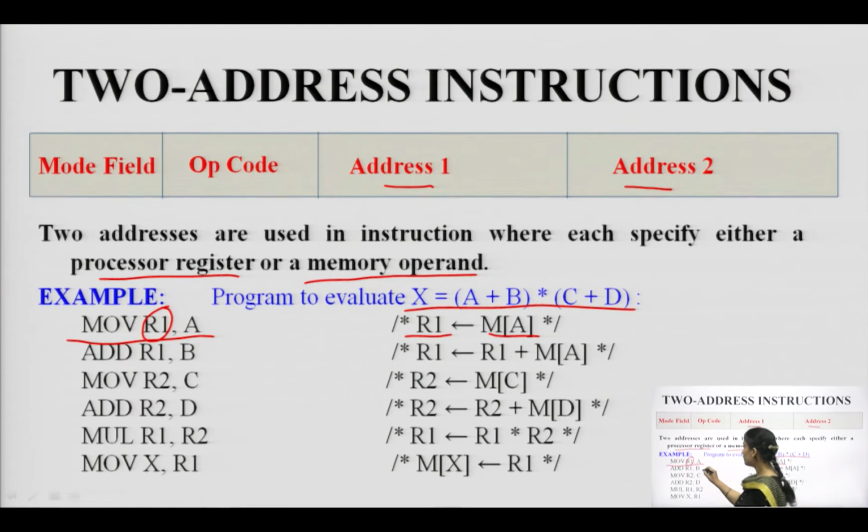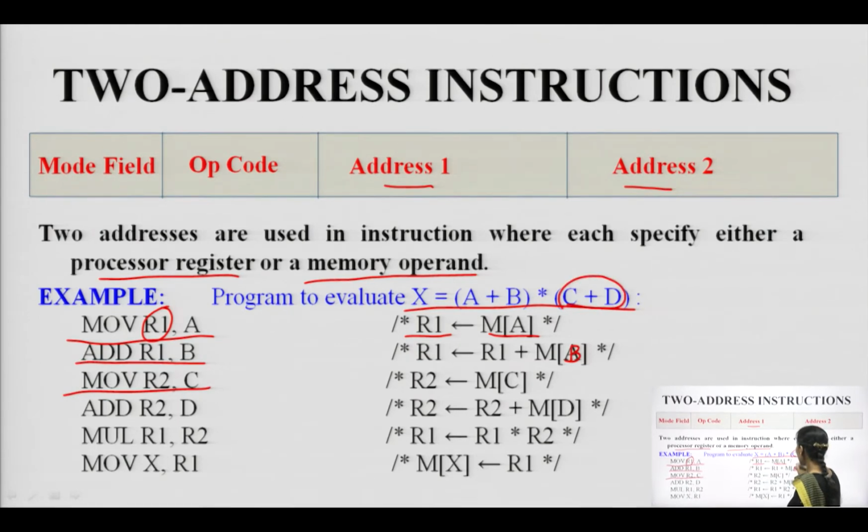The second, I will be performing the addition operation, that is the content of M of B and R1 are added. The third, again move R2 comma C, that is M of C is transferred into a temporary register R2. Fourth, I will be performing addition between R2 and D. Then I am performing the multiplication between one operand residing in R1, the second operand residing in R2.